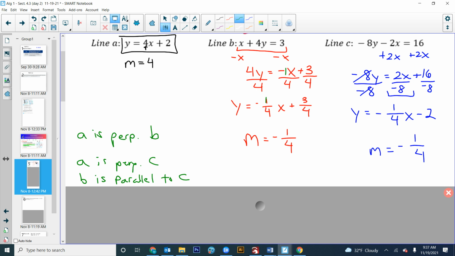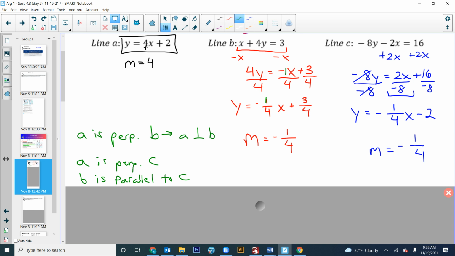Have you learned the symbols for perpendicular and parallel? If you wanted to write this another way, you could put A is perpendicular to B. That's the symbol for perpendicular.